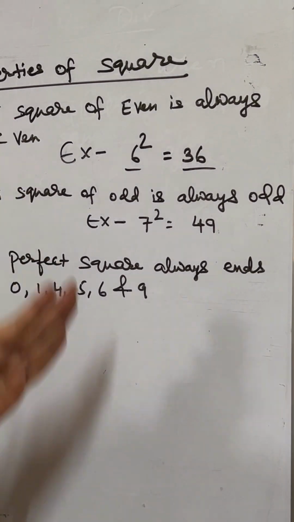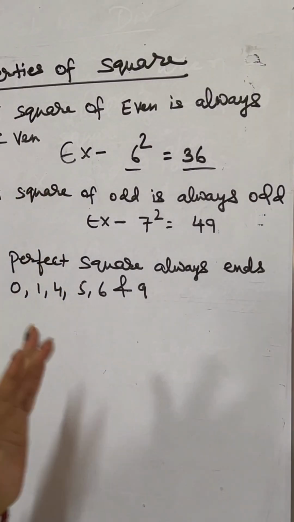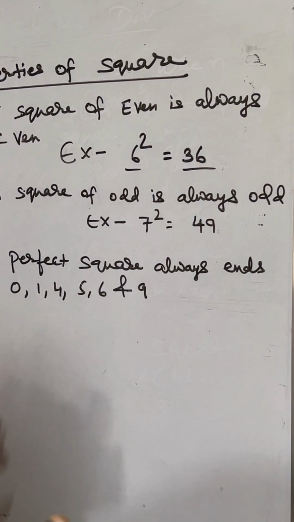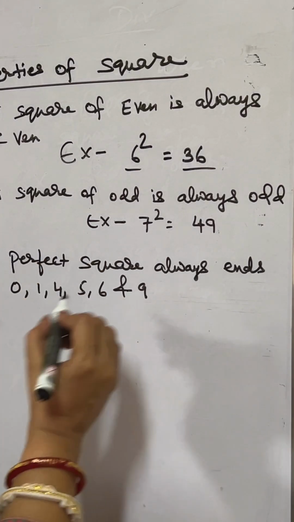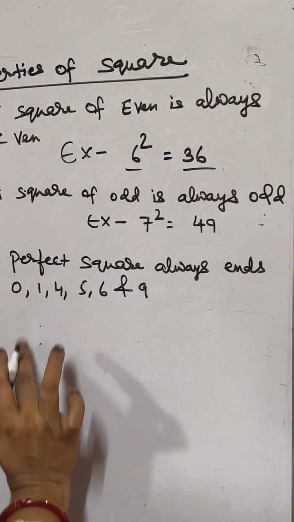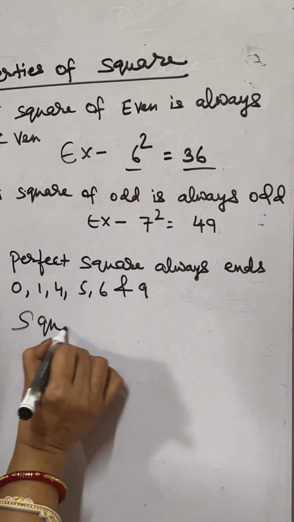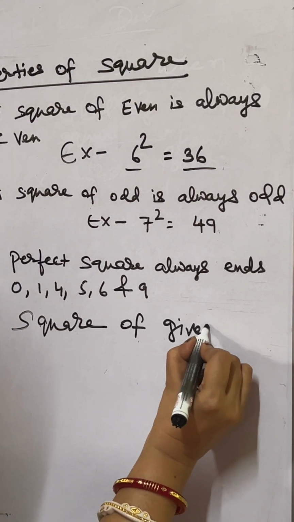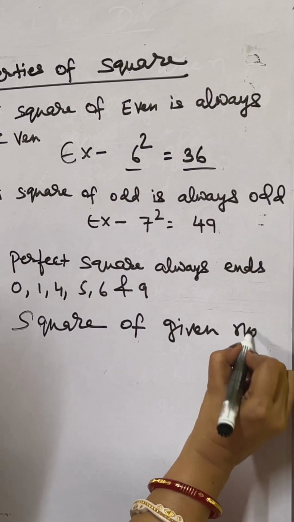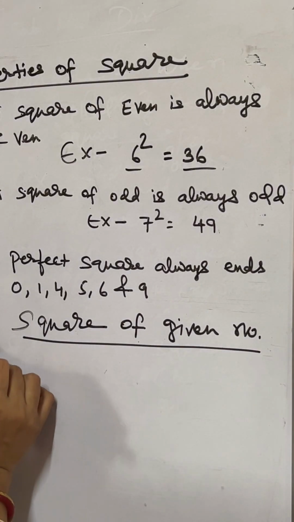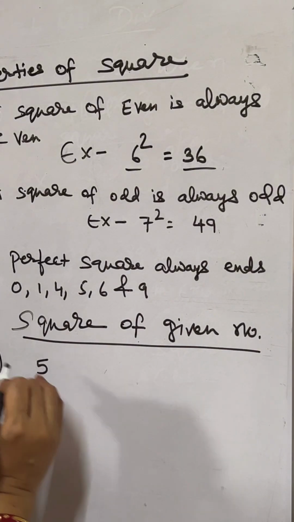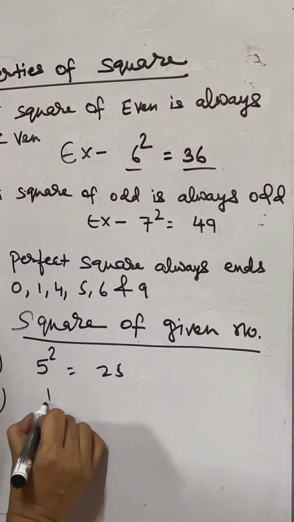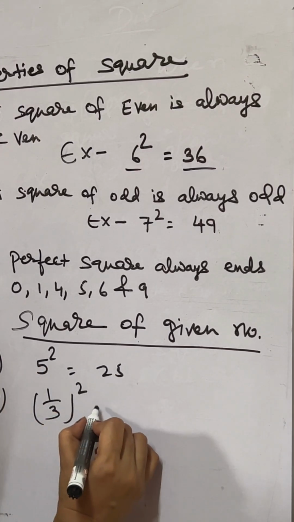So these are the important properties of square. Now I will give more examples about the square. Suppose you need to find the square of a given number: 5. So 5 square is 25. And 1 by 3, that is a fraction square.